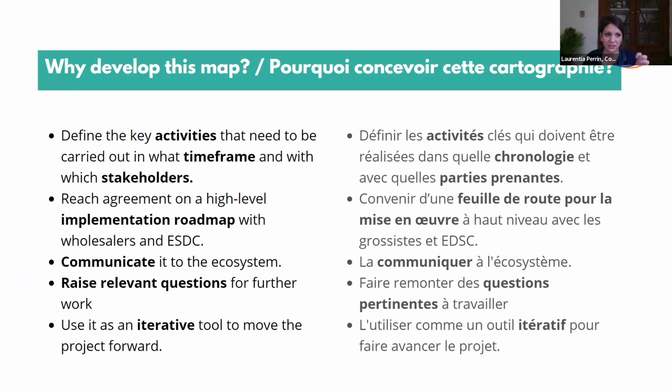It's really to understand what should come first, what should be prioritized, and who we are going to work with at different stages. It's also to reach an agreement on the high-level implementation roadmap with wholesalers and ESDC. We have had a working group for a few months now, where we work with wholesalers and ESDC to have a big picture of the implementation roadmap.